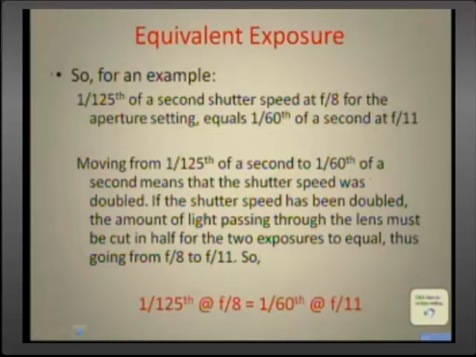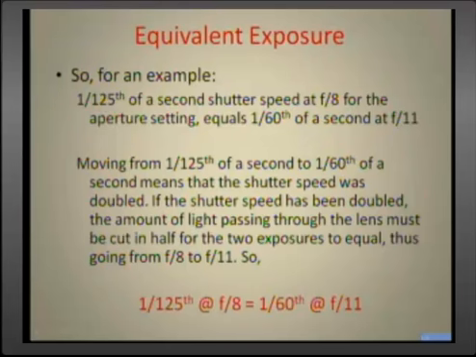For example, let's say that we have 1/125th of a second shutter speed at f8 for the aperture setting. If we have that, then we can also say that this equals a 60th of a second at f11. Now let's think about what's happening here. If we're moving from 1/125th of a second to a 60th of a second, this means that the shutter speed has been doubled.